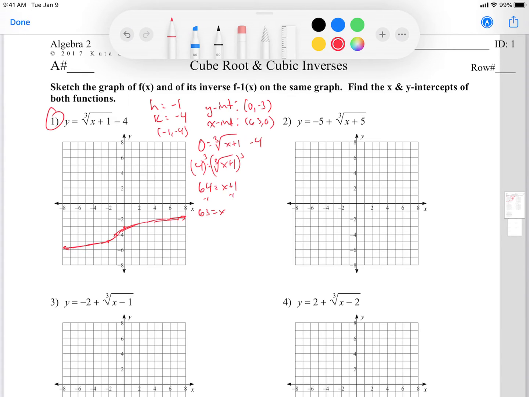Now, you could try to find the inverse and then graph that.